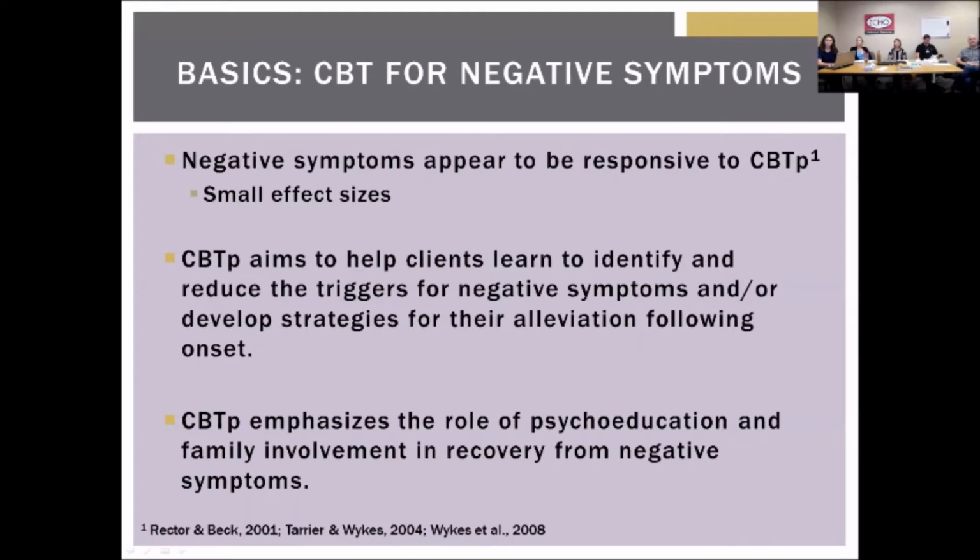Now that is starting to change. And I think the reason why we're starting to see some studies emerging with slightly larger effect sizes for folks with negative symptoms is because we're starting to see more tailored interventions. For many, many decades, we have talked about schizophrenia as a unitary construct.